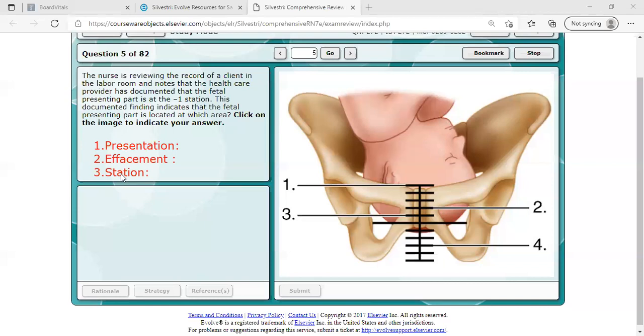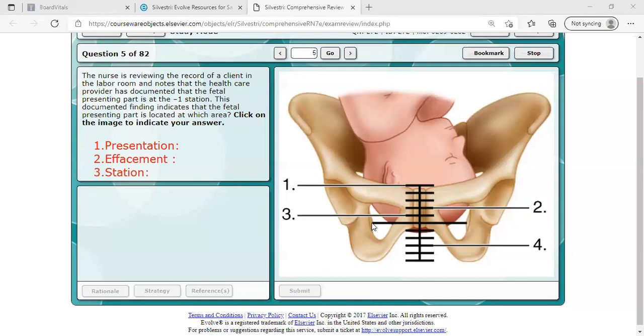Station means the level of the fetal head in relation to the ischial spine. You can see these are the two hip bones, and this is called the pubic symphysis, right?